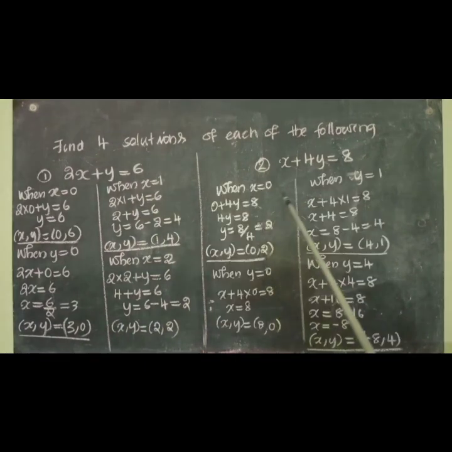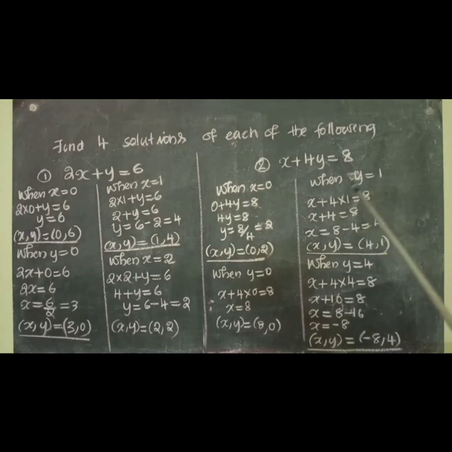I found 4 different solutions for the second equation also. When x equal to 0, 0 plus 4y equal to 8, 4y equal to 8, y equal to 8 by 4 equal to 2. Therefore (x, y) equal to (0, 2). Then when y equal to 0, x plus 4 into 0 equal to 8, x equal to 8. Therefore (x, y) equal to (8, 0).